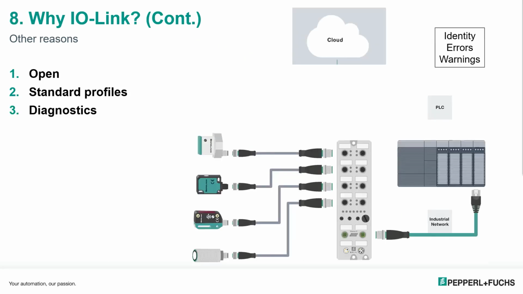The other thing, let's talk a little bit about diagnostics. What IO Link allows you to do is not just send the digital-like information and the analog-like information back to your control system. It also allows you to send diagnostics. The diagnostics could be going to your industrial network, but it could short circuit that and go directly to the cloud.